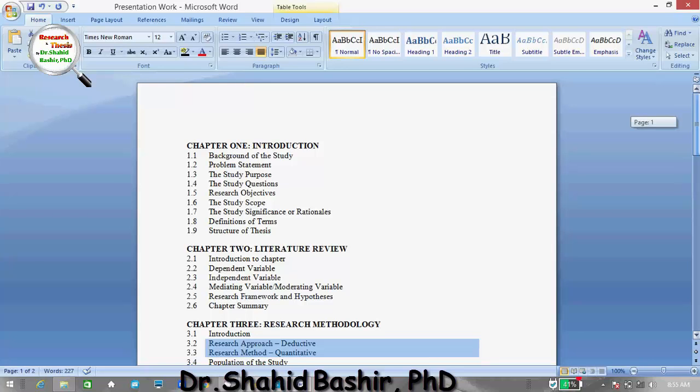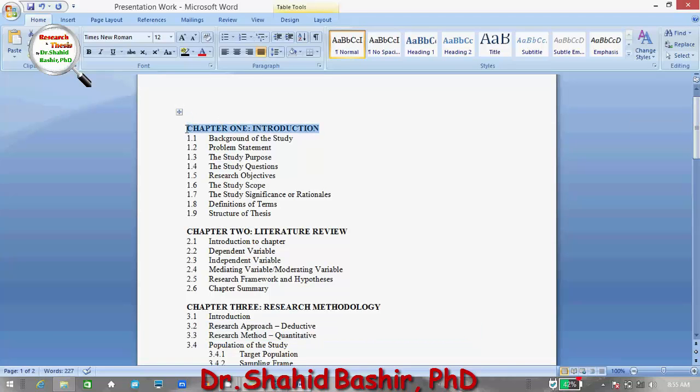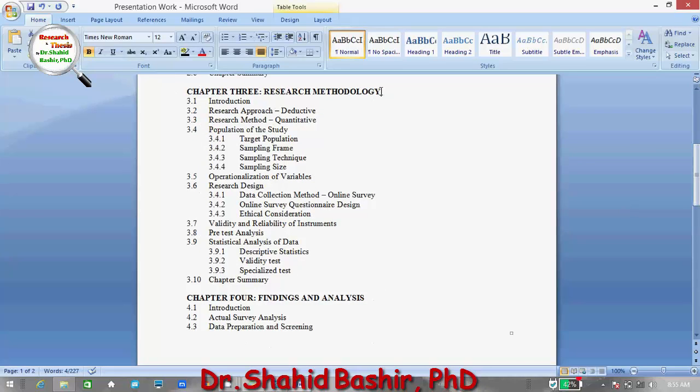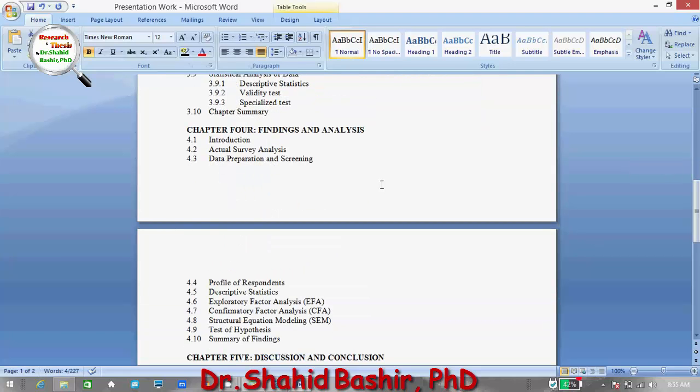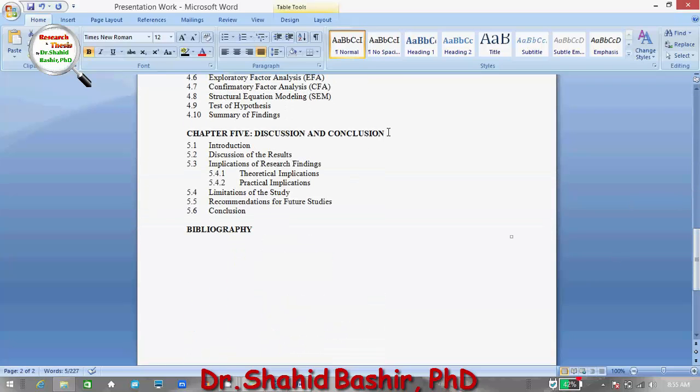So usually a research contains five major categories. In a thesis, we usually write these categories as a chapter. Introduction, literature review, research methodology, findings and analysis, discussion and conclusion.